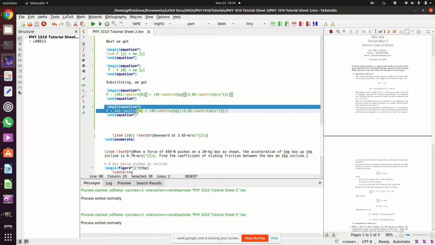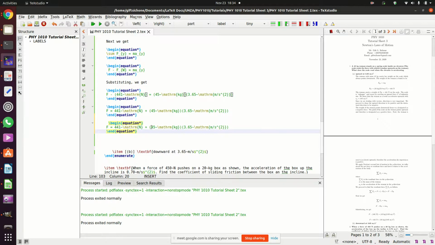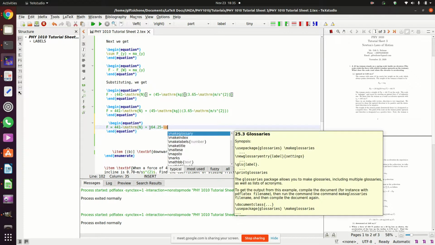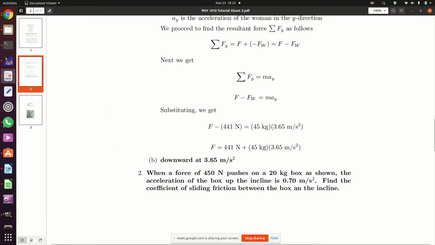So we end up having 164.25. And what are the units? What's the result of multiplying kgs times meters per second squared? What do you get as units? Newtons. You get newtons.